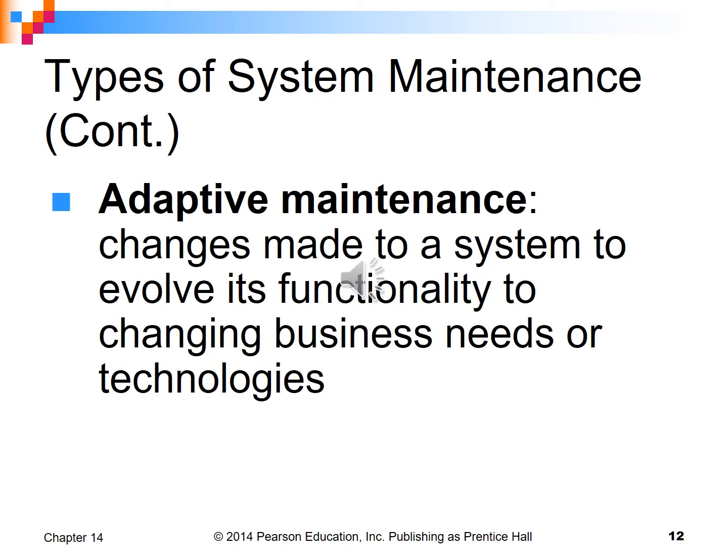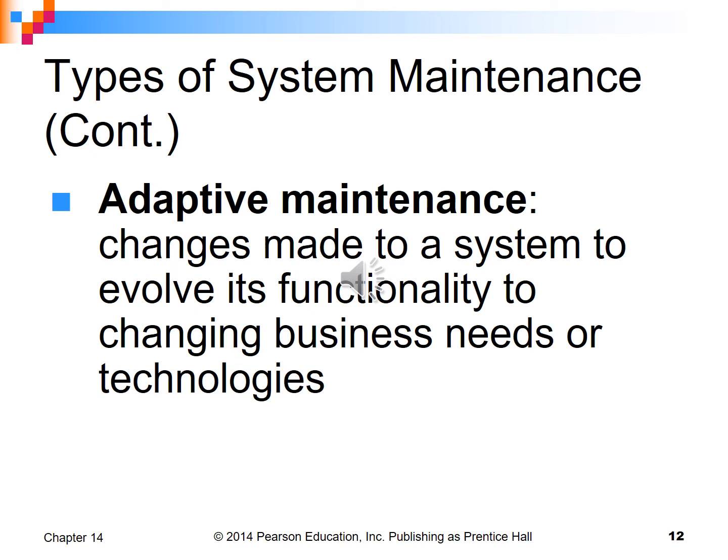Adaptive maintenance is the implementation of changes in a part or the whole system which has been affected by a change in its environment, a change in process, or whatever. So we need to make that change. These are changes made to a system to evolve its functionality to changing business needs or technology.